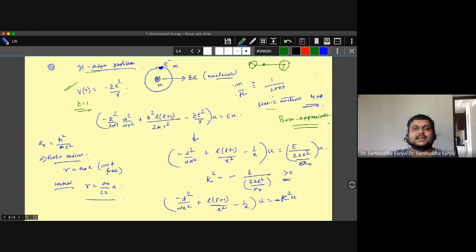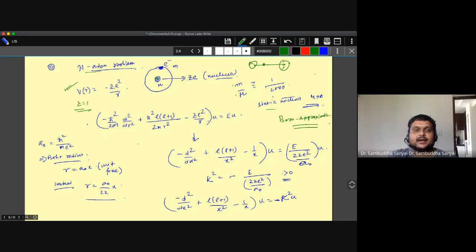But right now we just assume that the heavy nucleus is static and the electron is just moving around it. It's like a planetary model, a very simplistic model, and it turns out this model almost accurately gives you all the spectral energies which are experimentally verifiable. So let's see the solution of this problem.